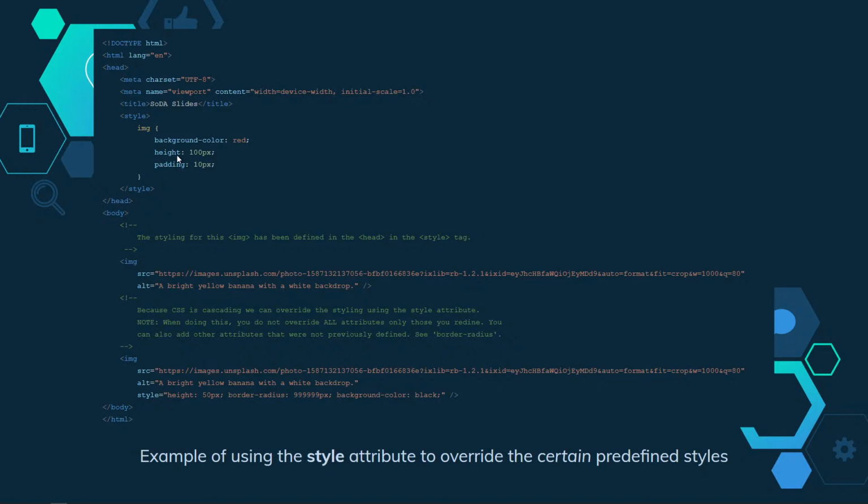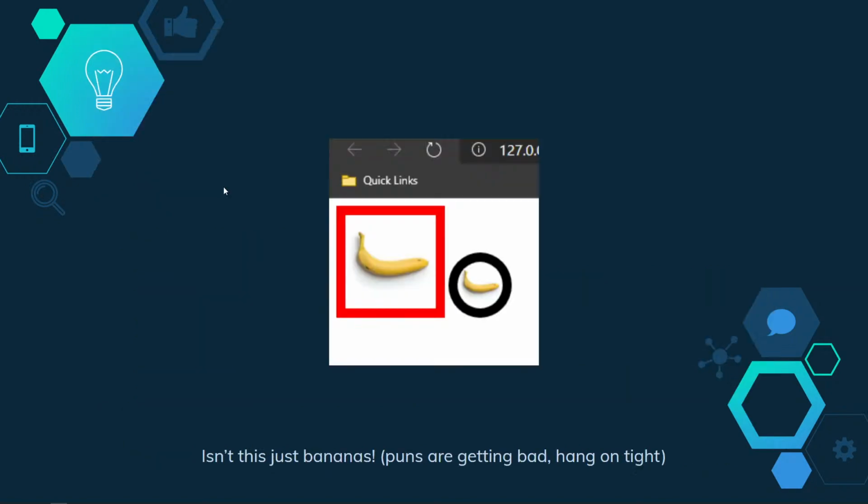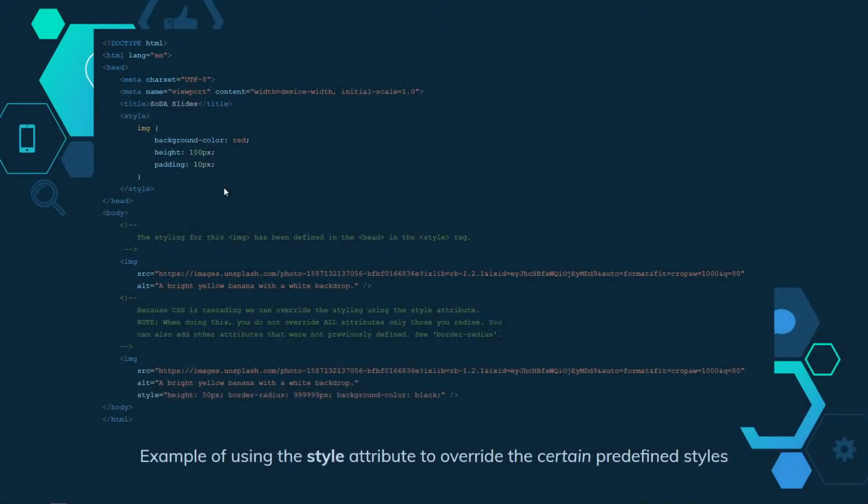Now here's some more code. I have a style tag defined at the top, and again, we're going to go over CSS, but here I have this image tag saying all images must have a background color of red. They must also have a height of 100 pixels and a padding of 10 pixels.